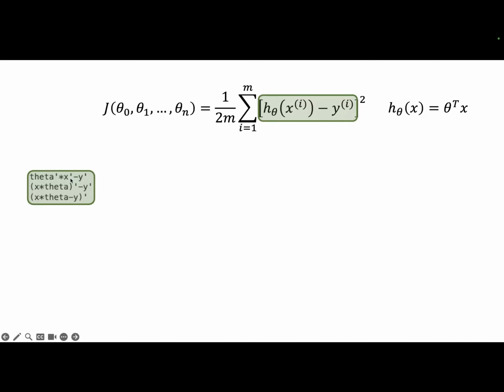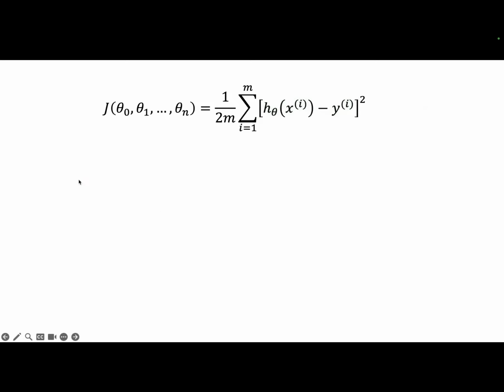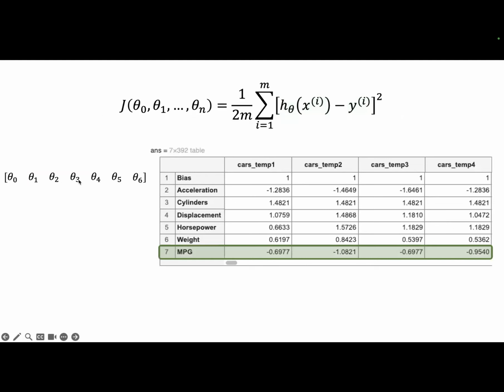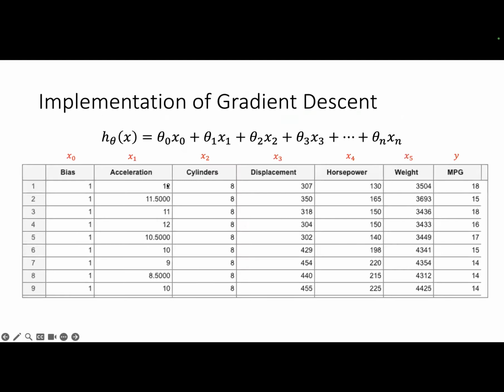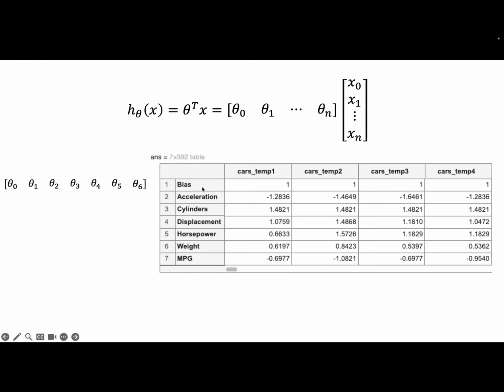Multiplied by x single quotation or x transpose. So, teka, bakit ito nagkaroon ng transpose? Kasi nga, kanina, pinaliwanag ko na yung data is presented as this. Okay? Ito yung actually yung x. Kukunin din natin yung transpose nito para maging ganito. Para maging 7 by 392 siya. Para pwede na siyang i-multiply with the 1 by 7 na matrix.